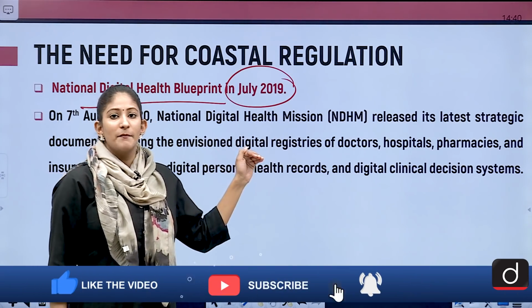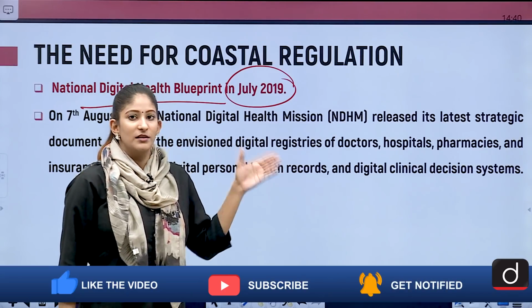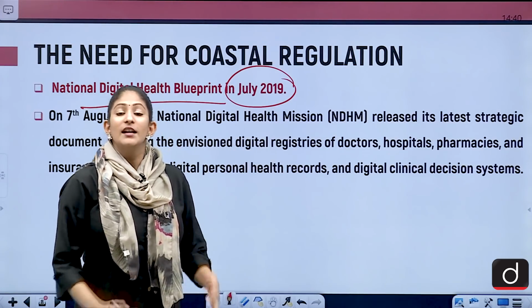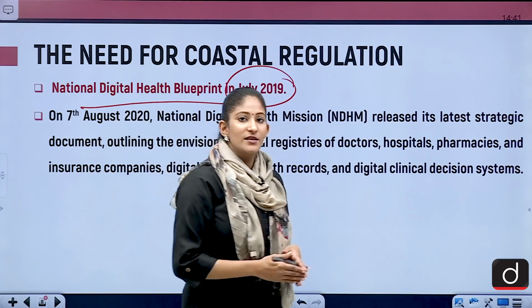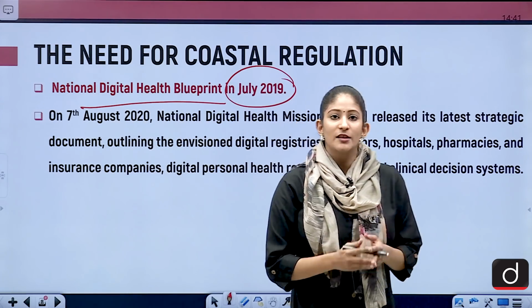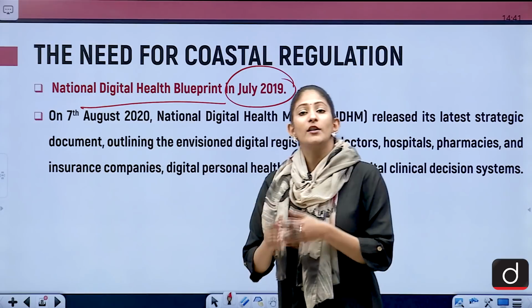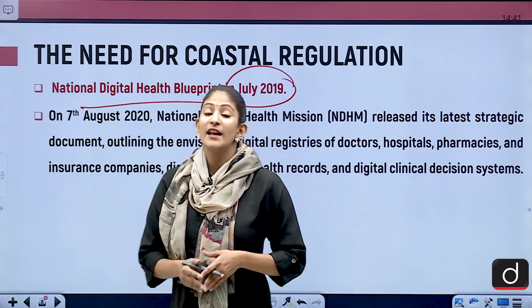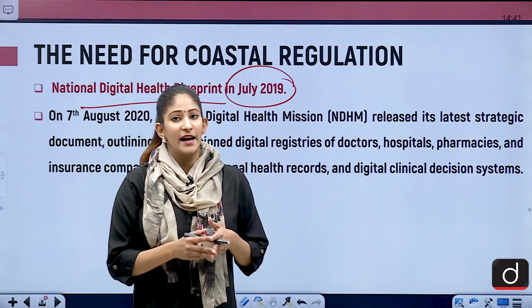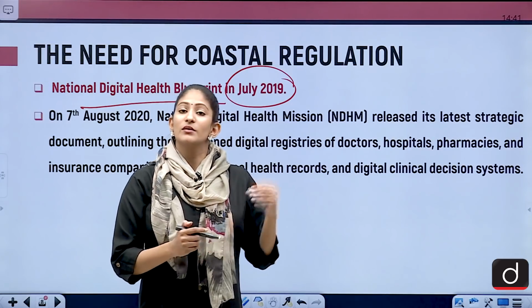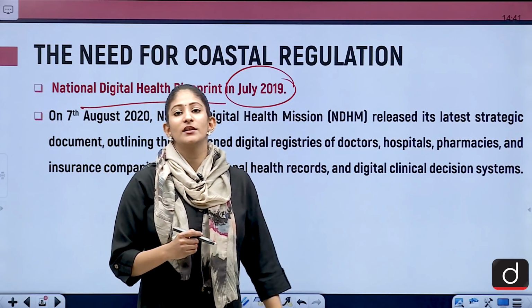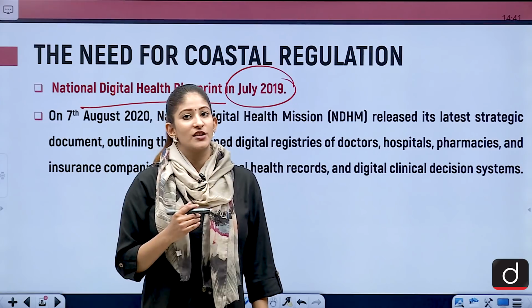This particular committee proposed that a specialized agency, the National Digital Health Mission, should be made in order to digitize integrated public health data. So from here we started our proper journey of the National Digital Health Mission.